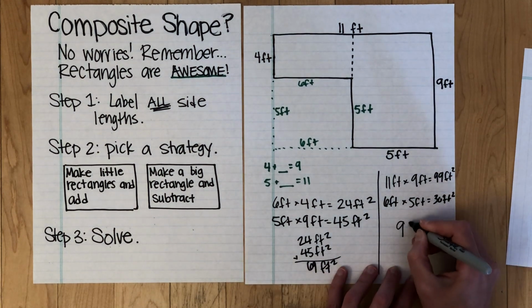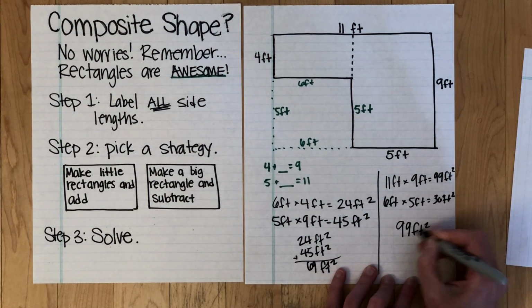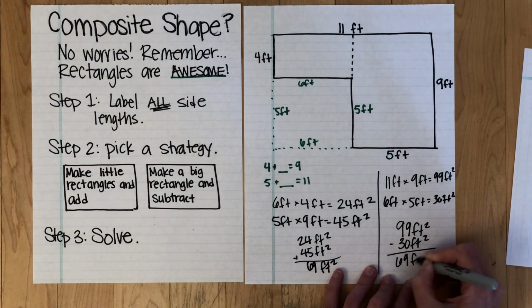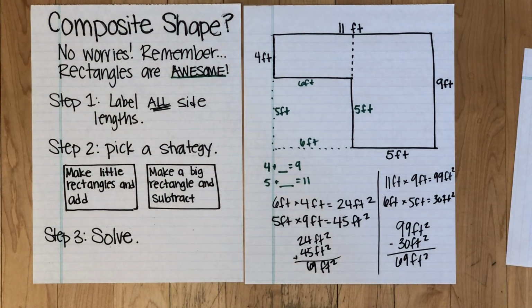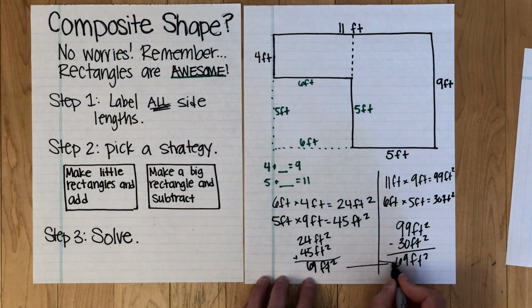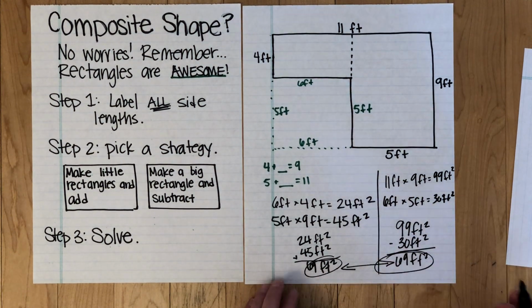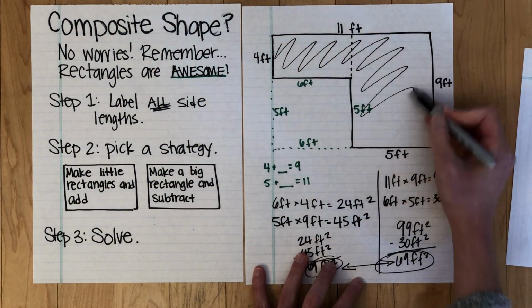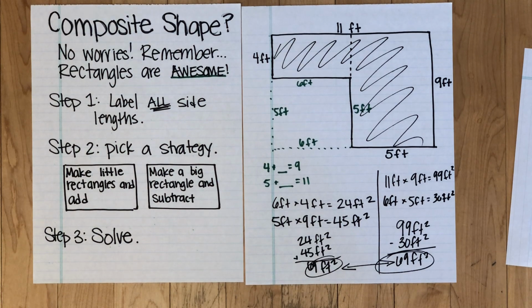Now I subtract. 99 feet squared minus 30 feet squared equals 69 feet squared. I just did a check, that's exactly right. I checked my work, I got the same answer both times. The area of this composite shape here is 69 square feet.